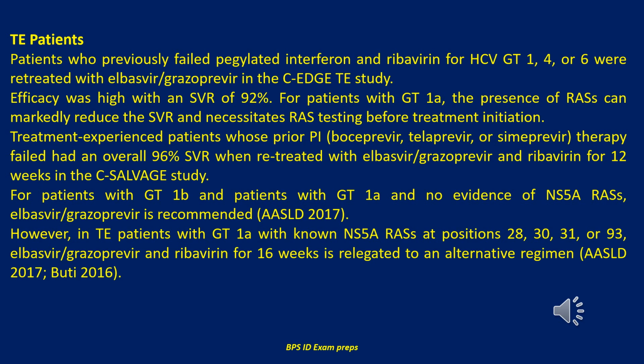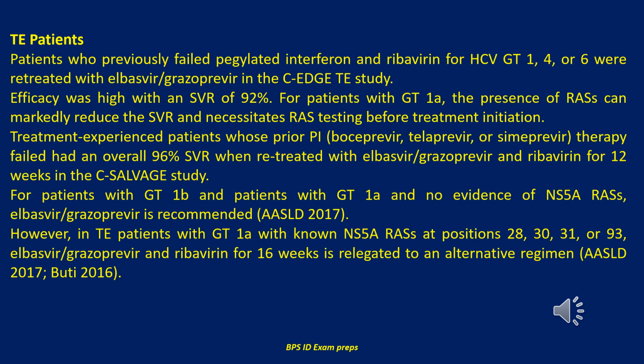Treatment-experienced patients whose prior PI, such as boceprevir, telaprevir, or simeprevir therapy failed had an overall 96% SVR when retreated with elbasvir plus grazoprevir and ribavirin for 12 weeks in the C-SALVAGE study. For patients with genotype 1b and patients with genotype 1a and no evidence of NS5A RASs, elbasvir plus grazoprevir is recommended, according to AASLD 2017.